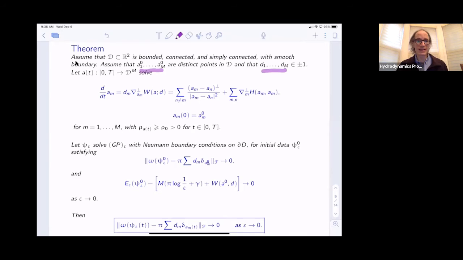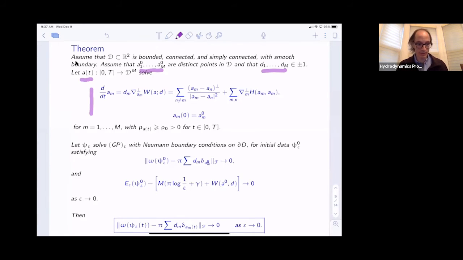Okay, and so then I let this a be a map, so a at every time t is a collection of m points in the domain. And so this is really the point vortex ODEs as we described above. The point vortex ODEs are driven by this renormalized energy that we discussed earlier.